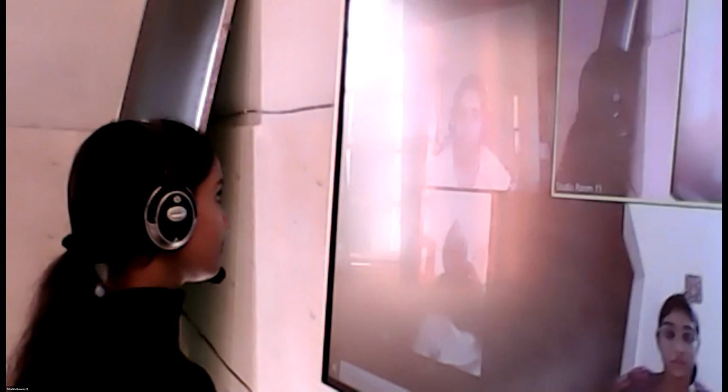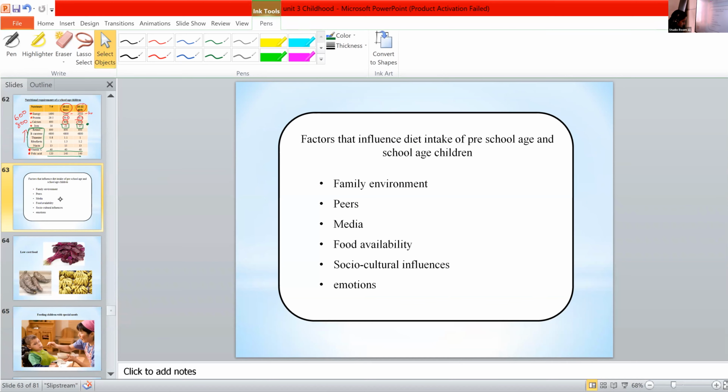These are the certain factors that affect diet intake: family environment, peer groups or friend circles, media, the social media, food availability, socio-cultural influences, and emotions.